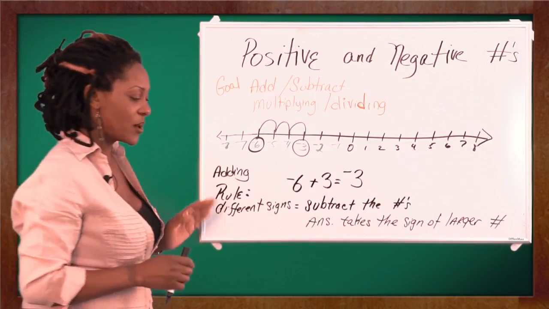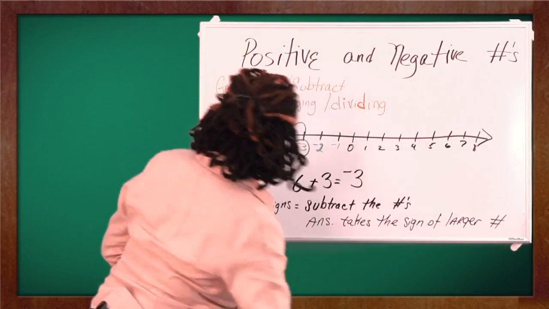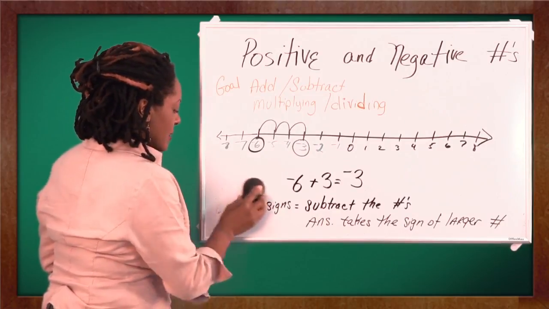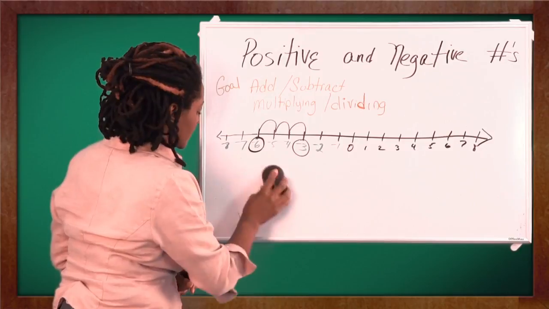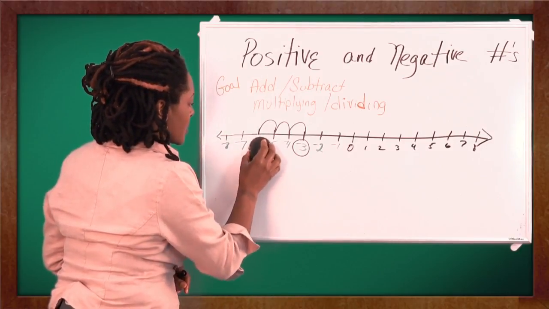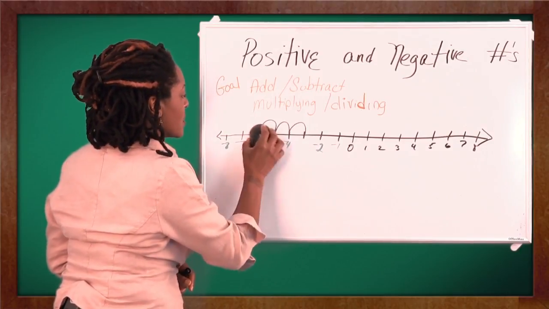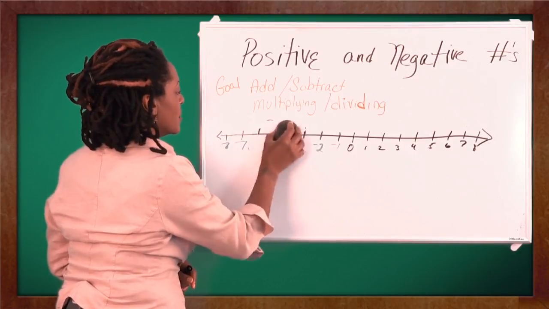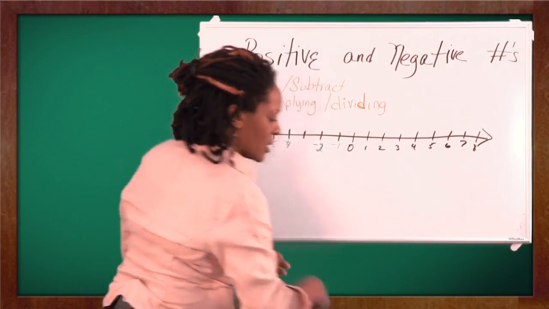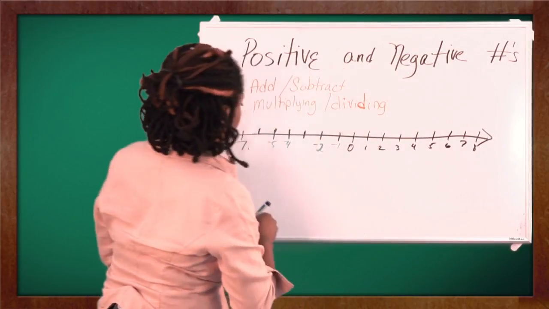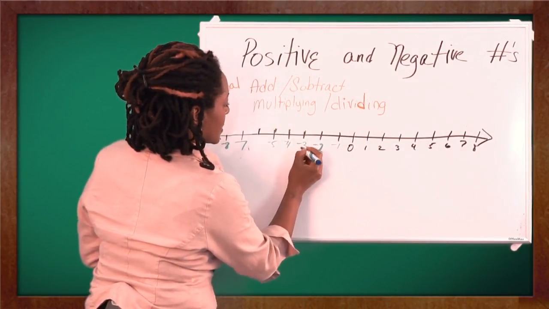We're going to move forward. I'm going to erase the bottom part right here for our adding. And I'm just going to erase this little section so we can use our number line again and do another example. And that was -3.